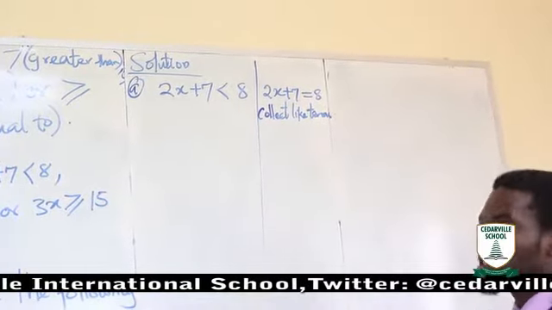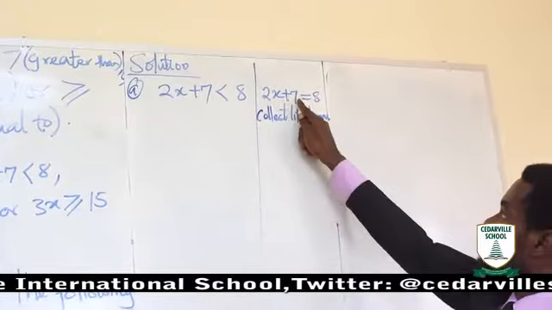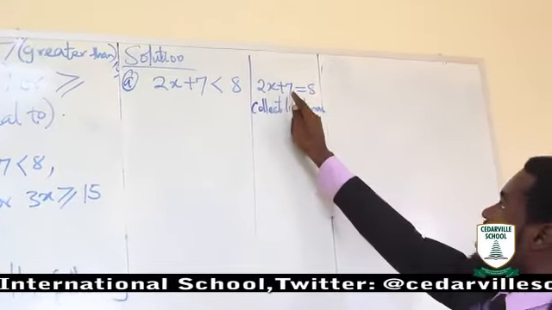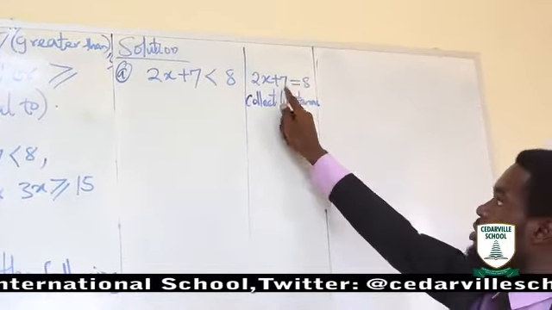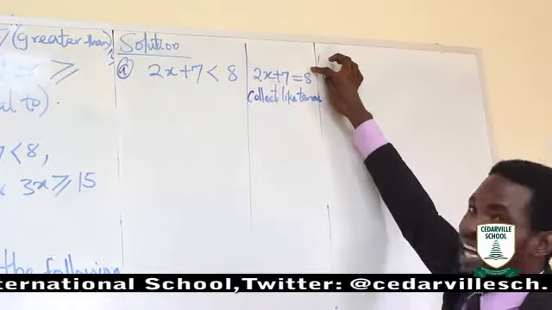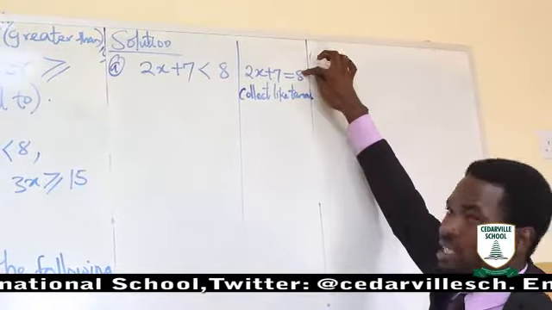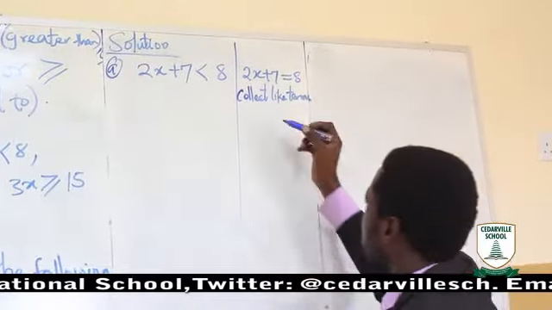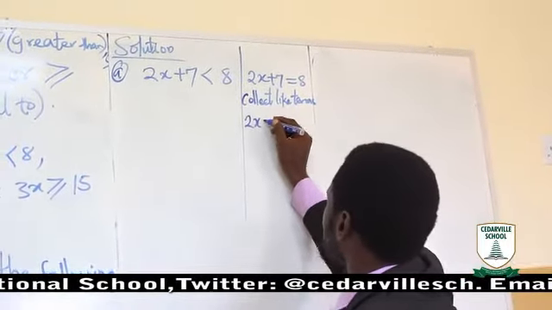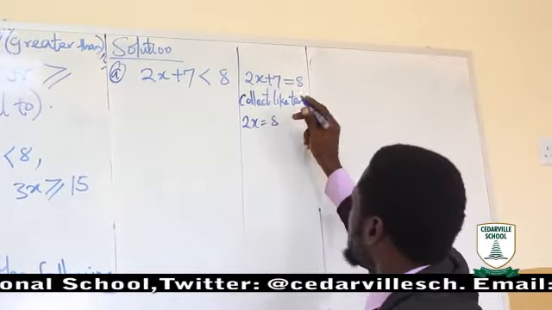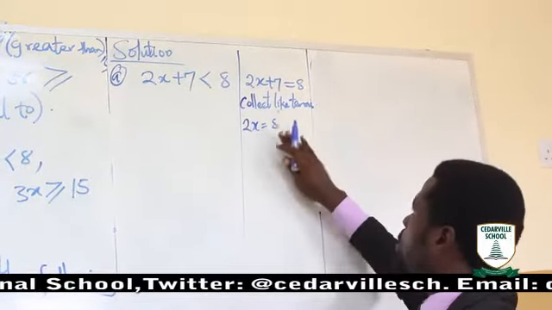If I'm to collect like terms, we have 2x, 7 and 8. 2x and 7 are not like terms. So plus 7 needs to come to this side so that we can have 2x alone, and so that 7 can go to 8, which are like terms. Then I will have 2x equals to 8.